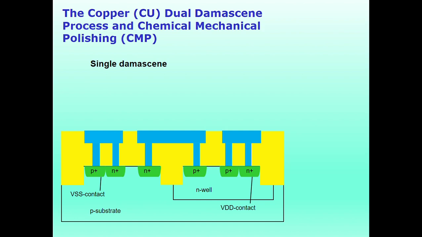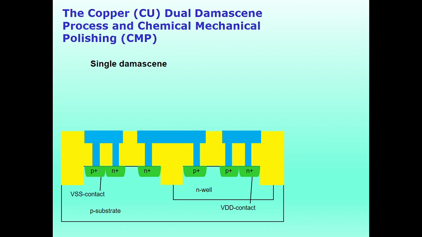It can be performed using two etching steps: trench first, then via, or via first, then trench. But there is difficulty in patterning using the trench first method. Hence, the via first, then trench method is preferred.